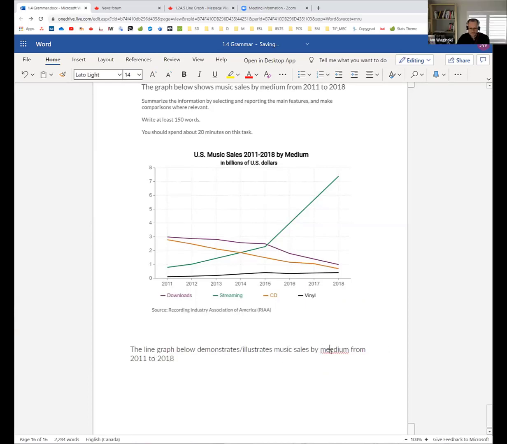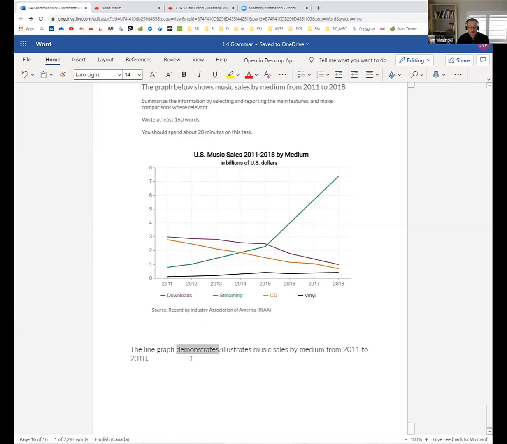Now, in terms of the context, there's a couple issues. You have to paraphrase. You have to put it in your own words. Let's just take the issues one by one. Don't need to say below, because it's not going to be below when you actually do your writing. And it's not demonstrates.